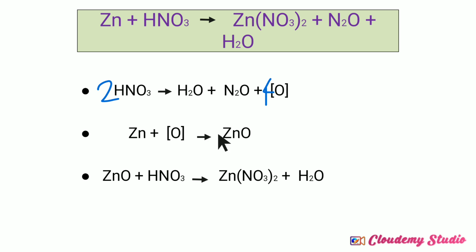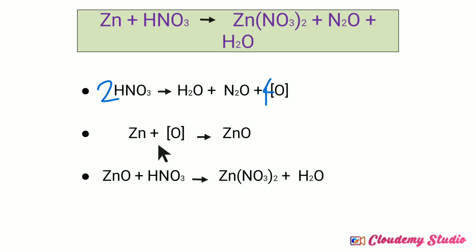Now we can check the second equation, the second stage. This equation is already balanced, that is, it's a self-balanced equation. But when we check the nascent oxygen, in the previous step we got 4 moles of oxygen, but here only 1 mole of oxygen is used up, and here also it must be 4 moles of oxygen.